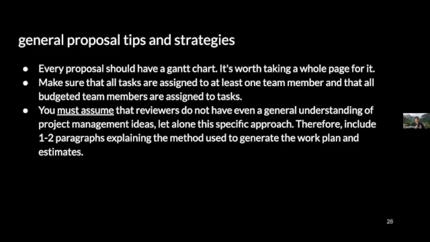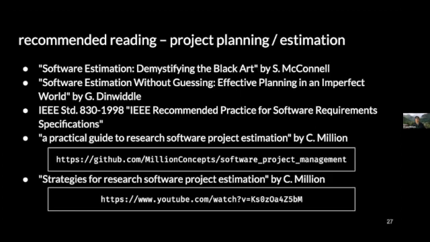So I suggest when you use this method, include a few paragraphs explaining what you did, how you arrived at the estimate, that there's a real basis for it, that there's a history in project management literature that ties this to something real, and it's not just a guess. And that will alleviate concerns that your numbers are completely made up and you haven't really thought hard about how much time you need to do things.